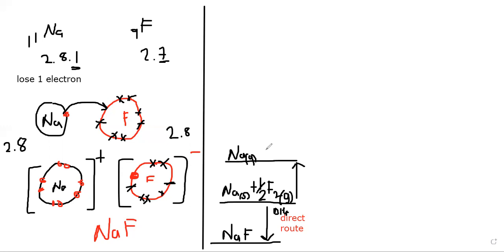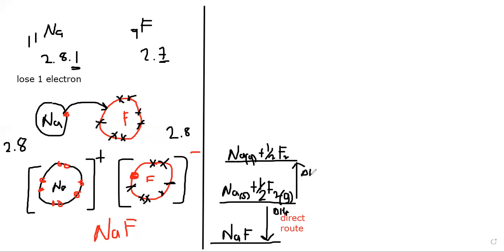We are not touching the fluorine yet, so we are going to put it back as is, which is half F2. Converting sodium from the solid to the gas is the enthalpy of atomization.